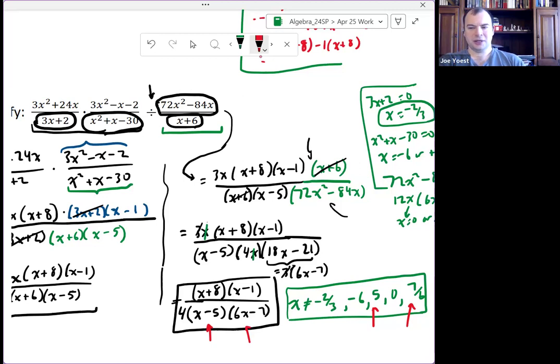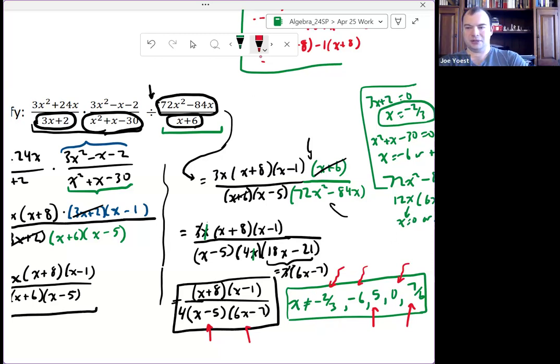So I suppose if we had left out the 5 and the 7/6, we wouldn't have done anything too egregious, because the domain restriction is still implied in the simpler version as it is in the original version of the expression.